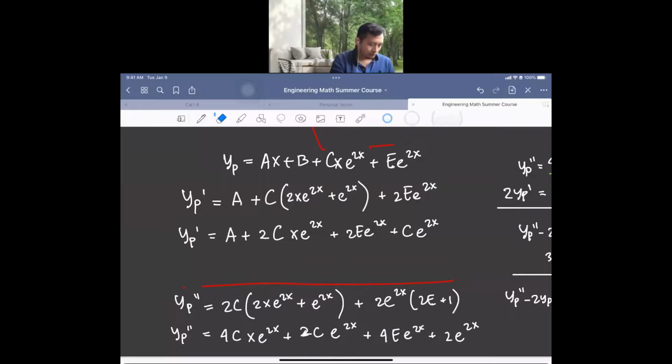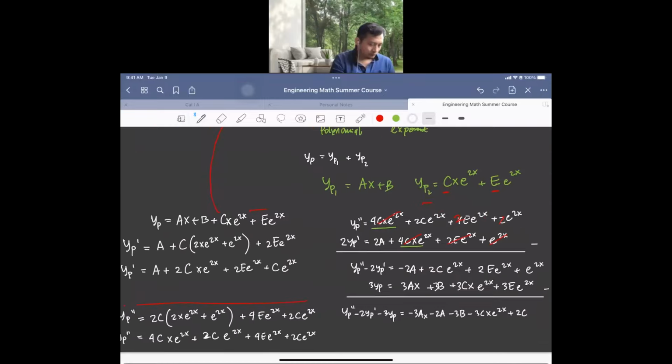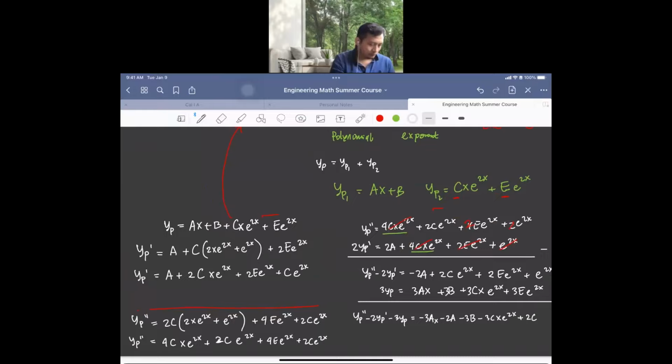Not the problem here, but the problem is on this one. For e^x plus 2c e^x.